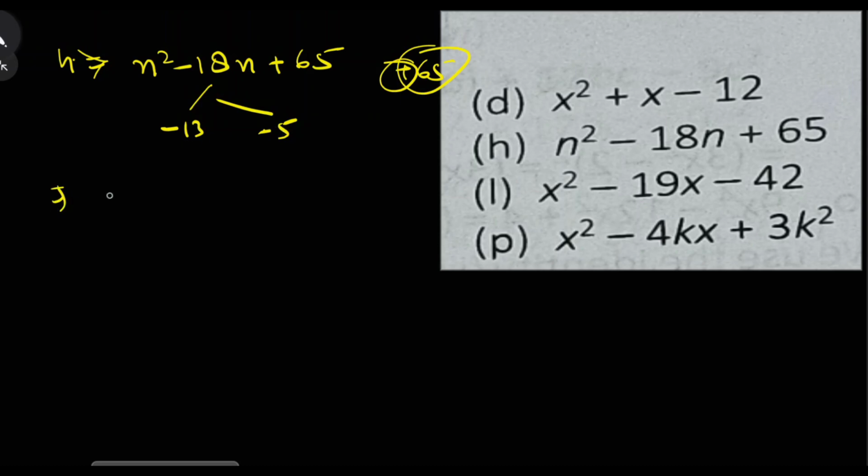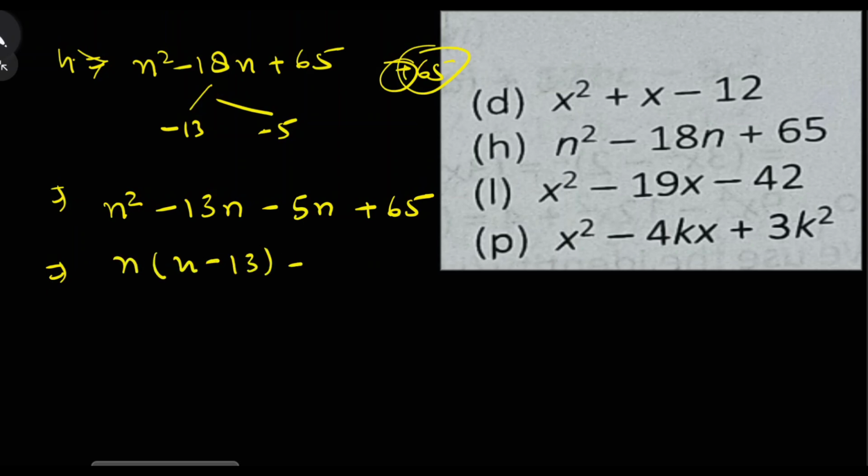So we can write like this, oh it is n not x, so n square minus 13n minus 5n plus 65. So we will have n minus 13 taken as a common, and we have to take minus common from here also.